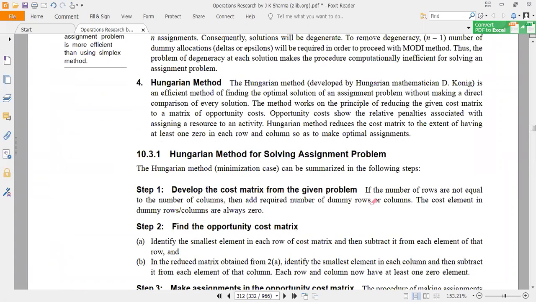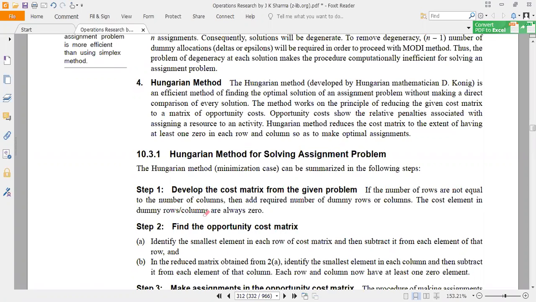But for the first step, this is where you have a problem. If the number of rows is not equal to the number of columns, like you said, there are 3 operators and 4 machines, then we add dummy rows or columns.